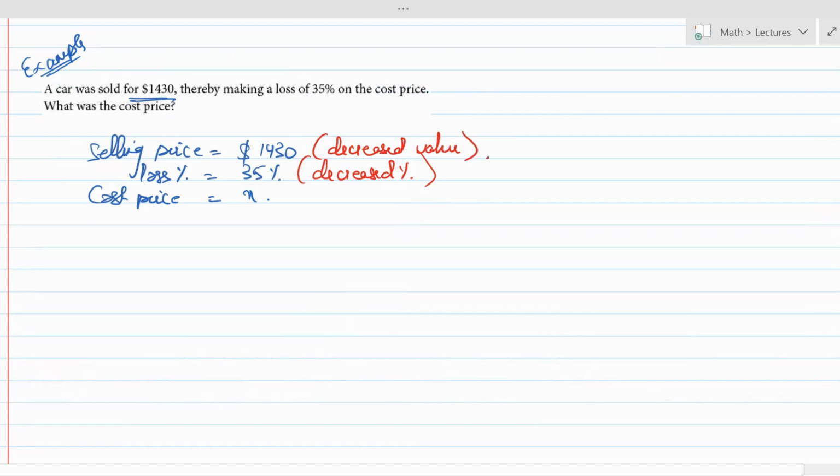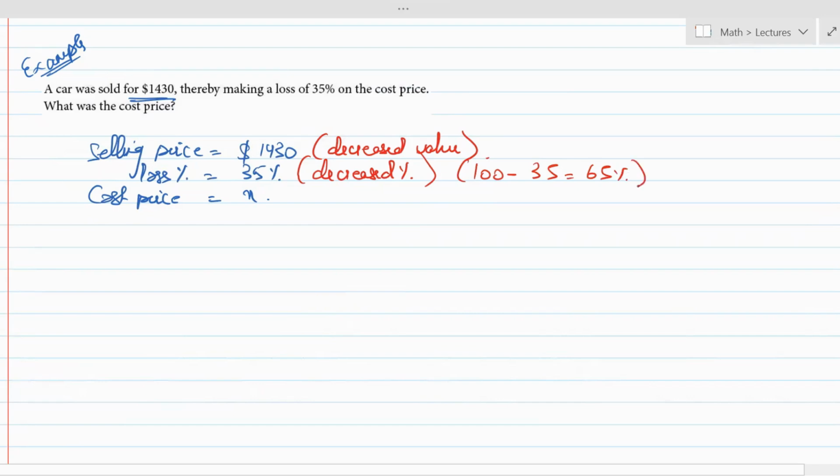The decreased value we always write in front of the percentage, because this is what we get after the percentage has been applied. Since it is a decreased percentage, it will always be 100 minus the loss percentage. So 100 minus 35, which is 65.